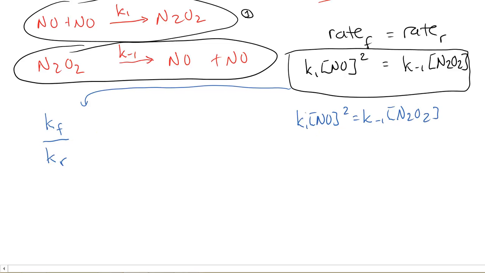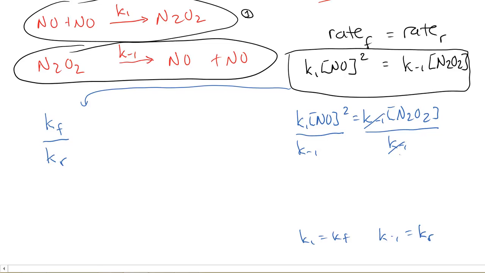My forward is my K1, and K-1 is my reverse. So I'm going to divide both sides by the reverse, by K-1.